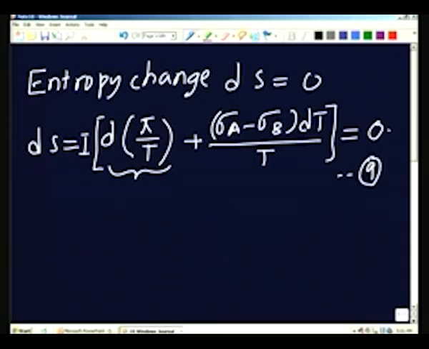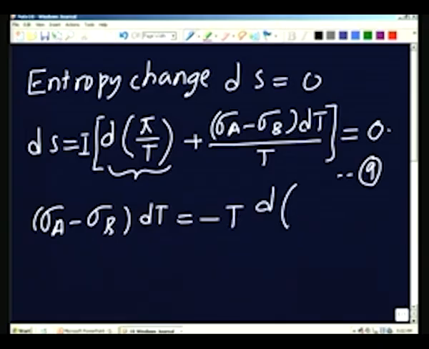From here, you notice that from 9, sigma A minus sigma B into dt is equal to minus t into d of pi by t.